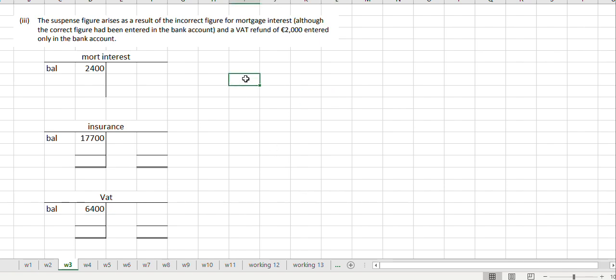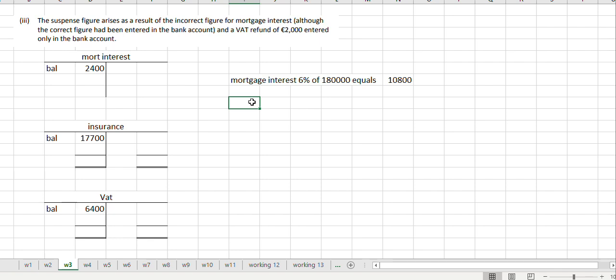So when we work that out, mortgage interest is 6% of 180,000, which equals 10,800. Okay, that's for the year, the figure for the year.